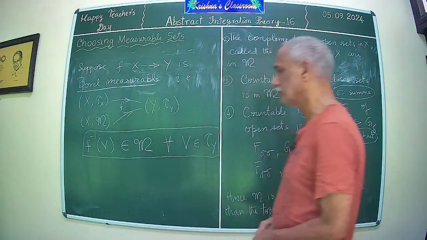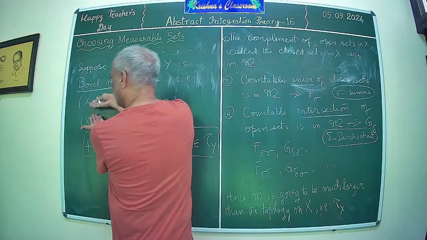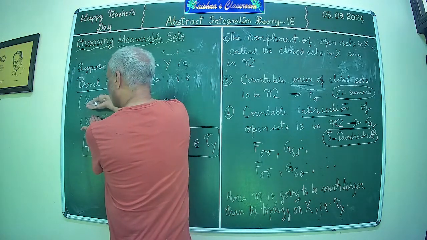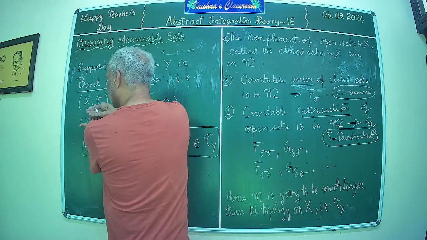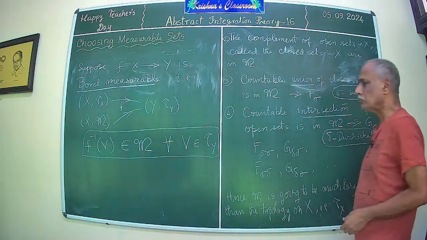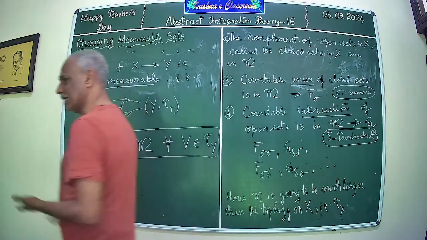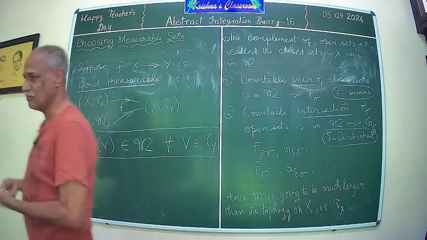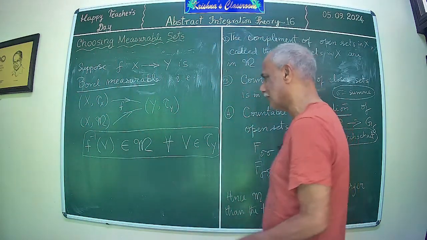So you can see the interplay of the two structures on X, namely the topological structure and the structure of the measurable class, the sigma algebra structure, which are chosen in such a way that they get along well. There is no conflict between them, so that at least all continuous functions belong.